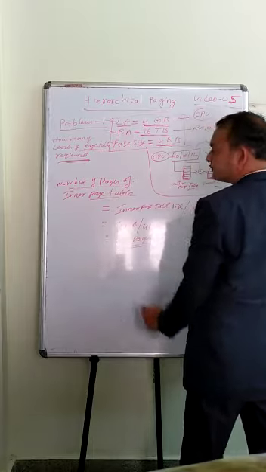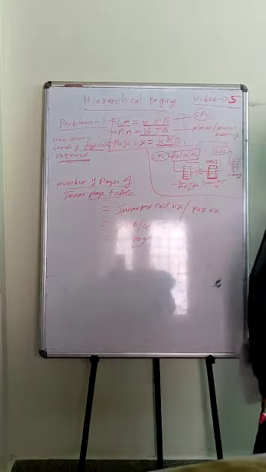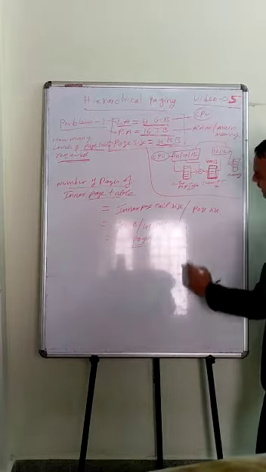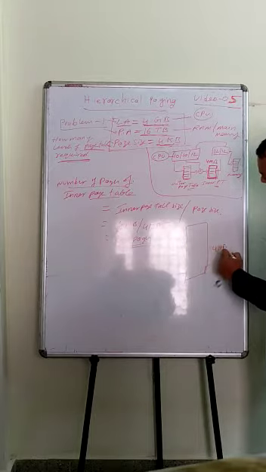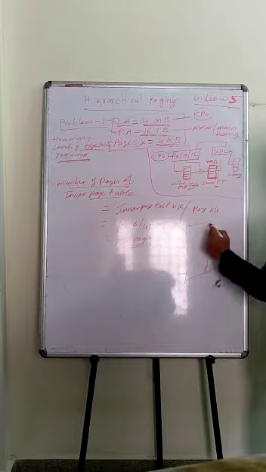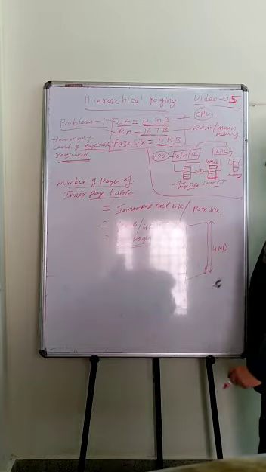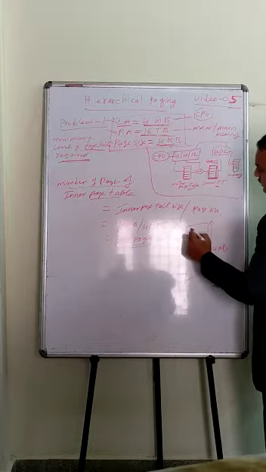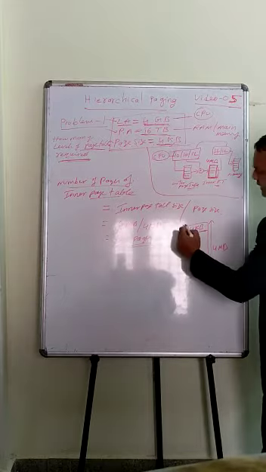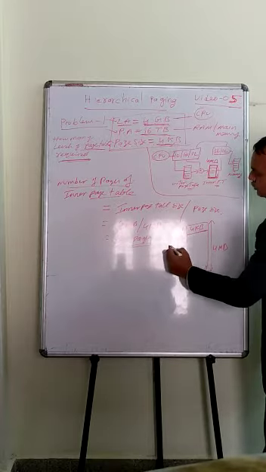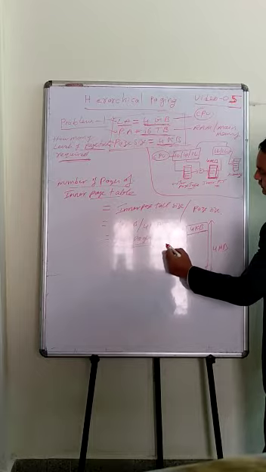Okay, how many pages? In total we have 4 MB, and we will divide it into 4 KB pages. How many pages are there? 2 power 10 pages.